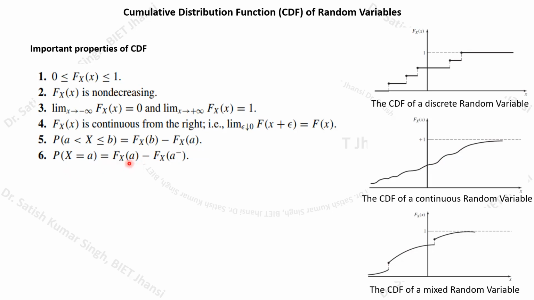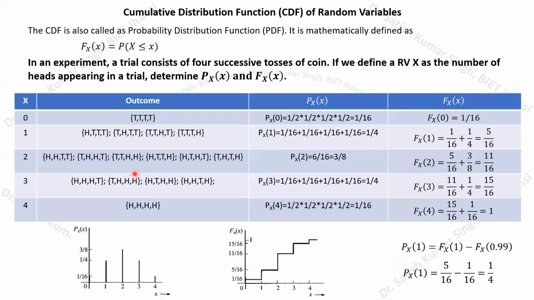Similarly, if you wish to calculate the probability that X is exactly equal to a, you can find it as F(a) minus F at a small decremental value below a. As I said in the previous case, I took F(1) and then a small decremented value from 1, which is 0.99.